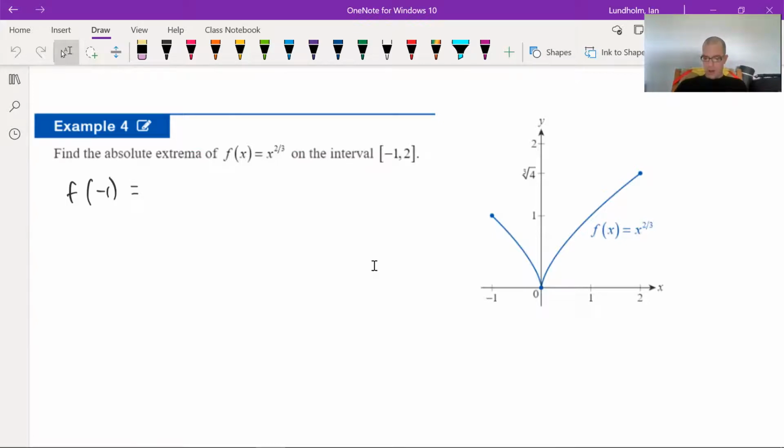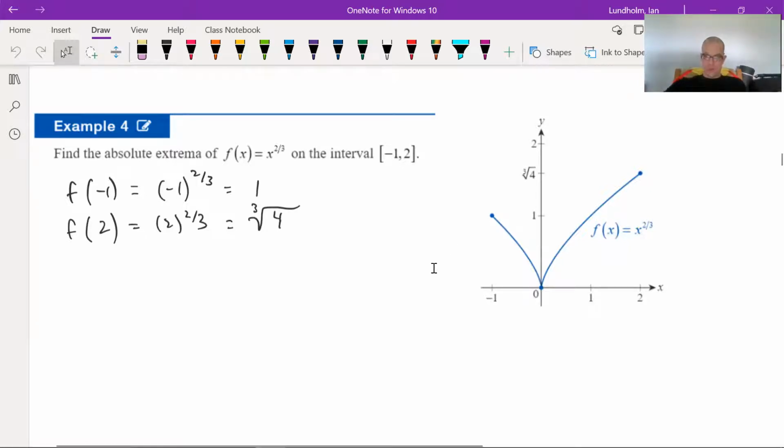f of -1 would be -1 to the 2/3 power, which would be 1. And f of 2 would be 2 to the 2/3 power, which would be the cube root of 4.